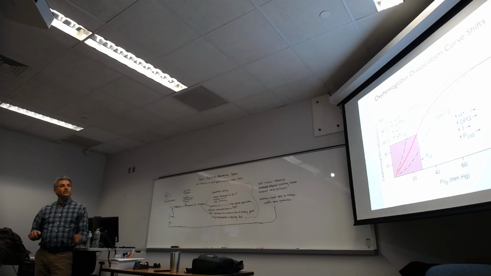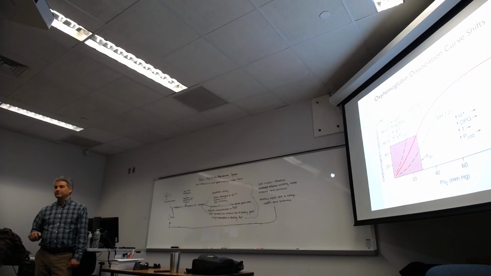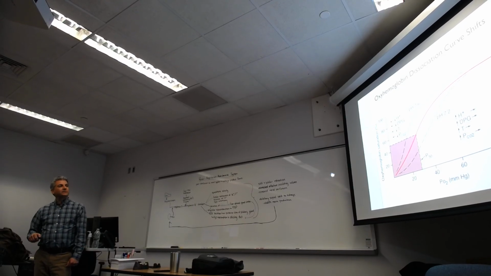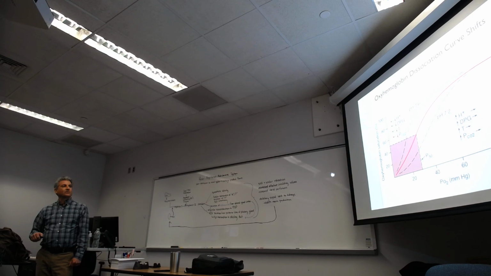So when the curve shifts to the right, what happens to the amount of oxygen on the hemoglobin? Decreased. Where is it? It's in the tissues. Okay? If the curve shifts to the left, now what happens to the amount of oxygen on the hemoglobin? Increased.